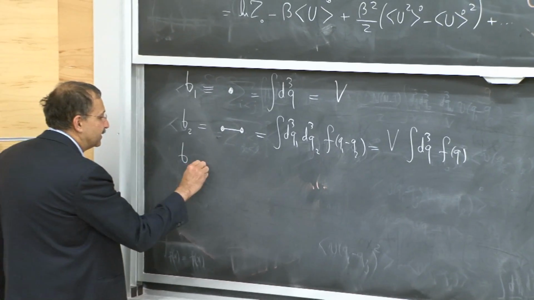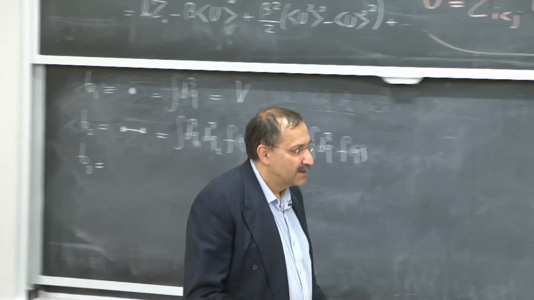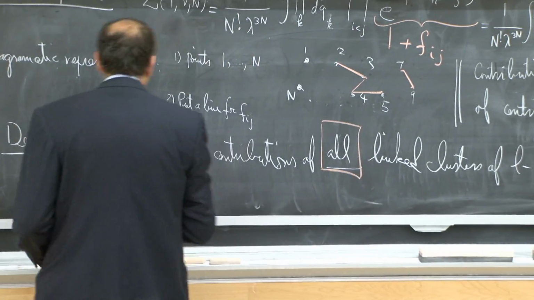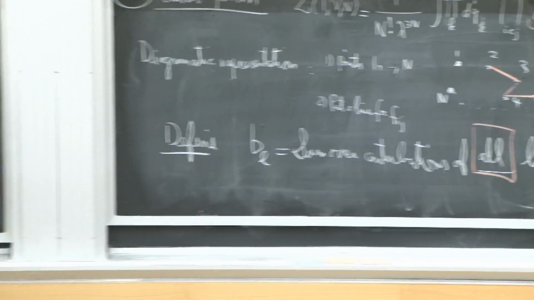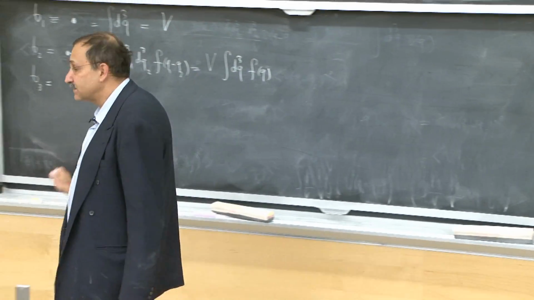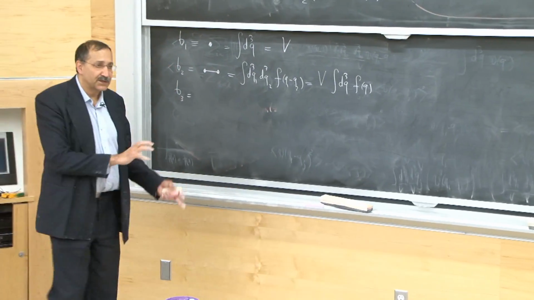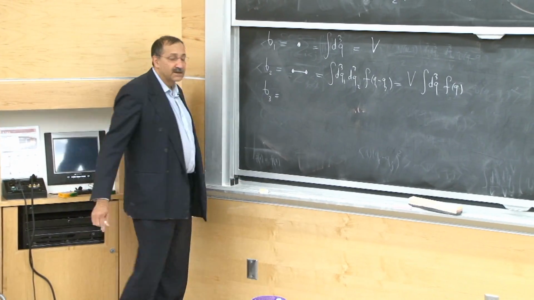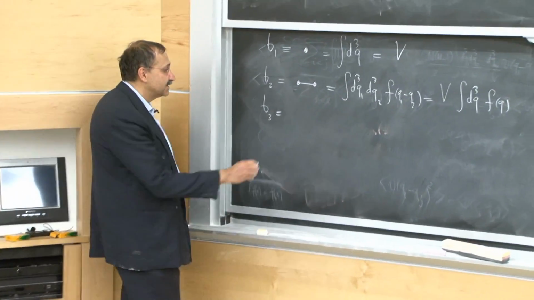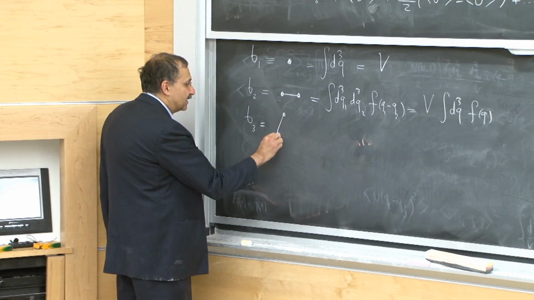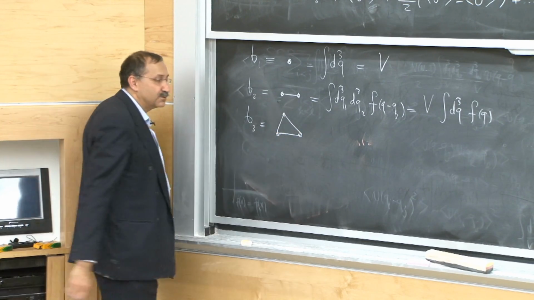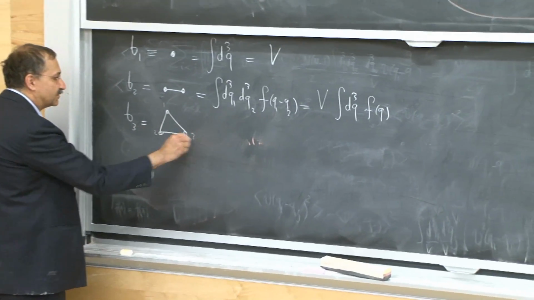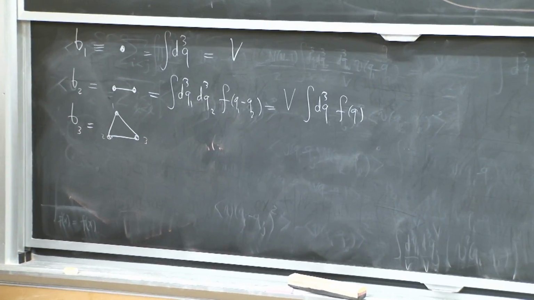For B3, I note that I underlined here all. And this is for later convenience. It seems that I'm essentially pushing complexity from one place to another. So there are a number of diagrams that have 3 things linked together. This is one of them. Let's say, think of 1, 2, 3 connected to each other.